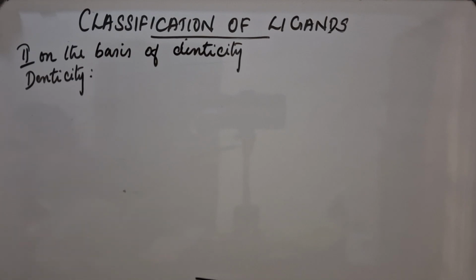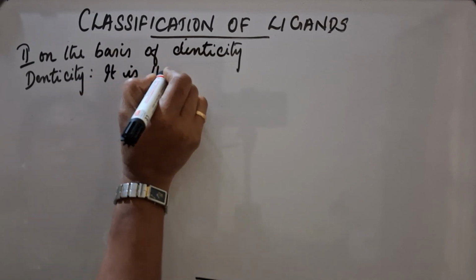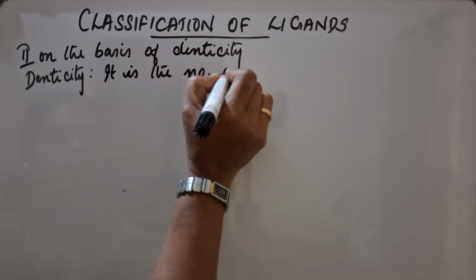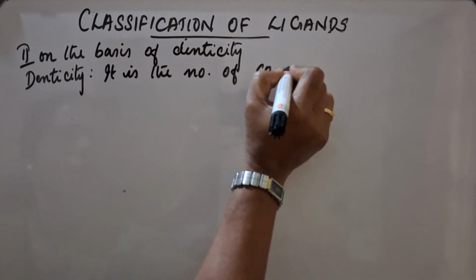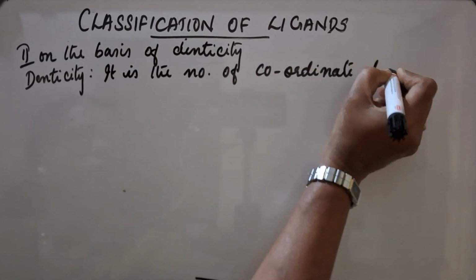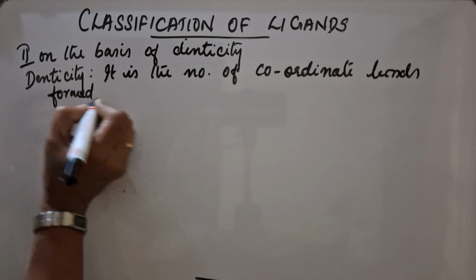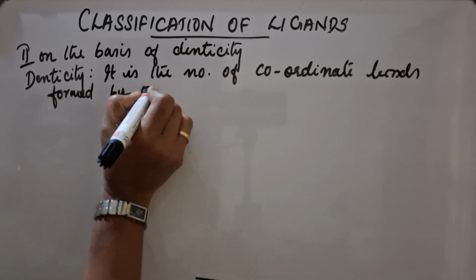Density is the number of coordinate bonds formed by one ligand.